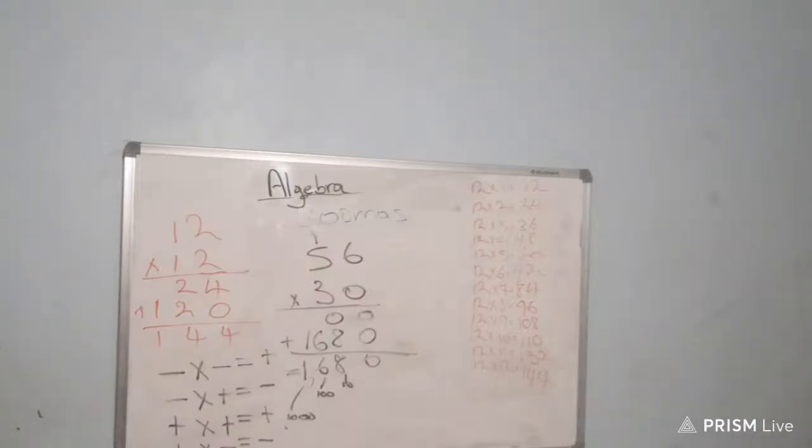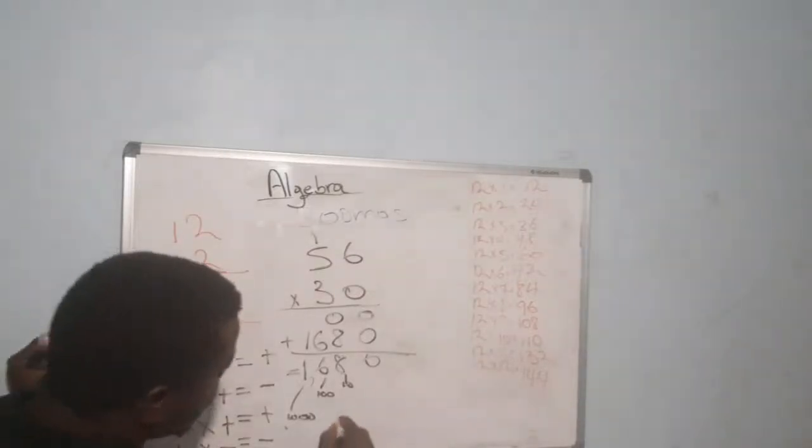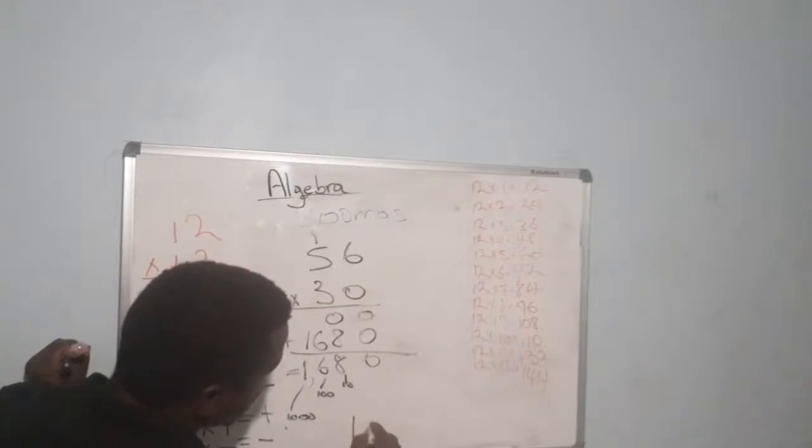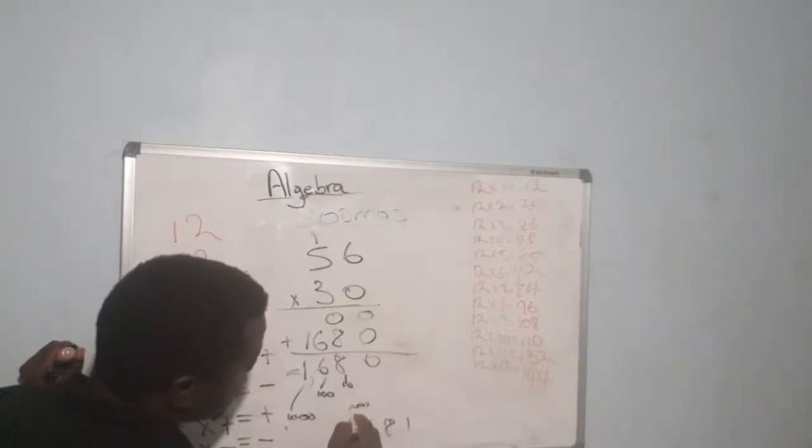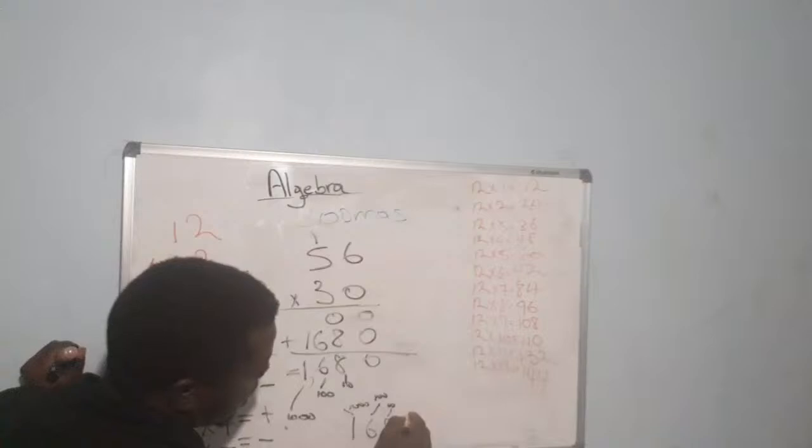So if this was 81, for instance, so it's, for instance, 1681, then you could have ordered it like this: 1000, 100, tens, and the ones.